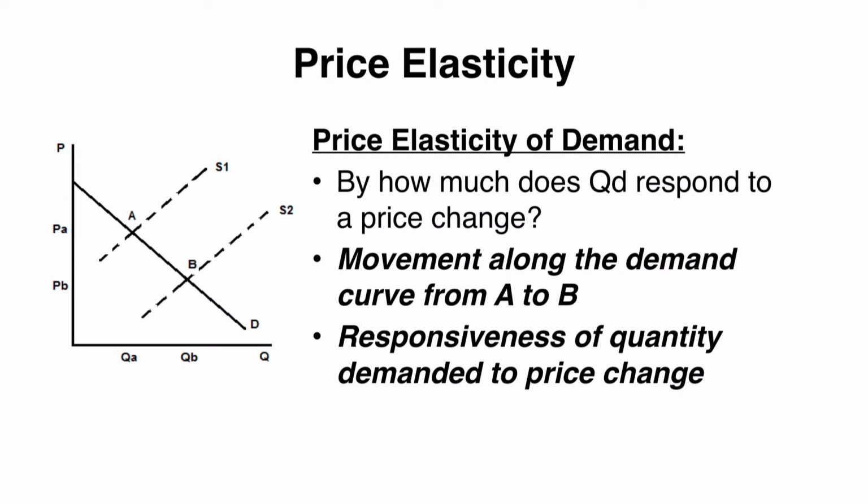Let's focus first on price elasticity of demand. So recall, as we had just mentioned, that we can have a change in the form of a shift in one of the curves and a change in the form of a movement along one of the curves. When we have a shift in the supply curve, as we see here, this would be an increase in supply.